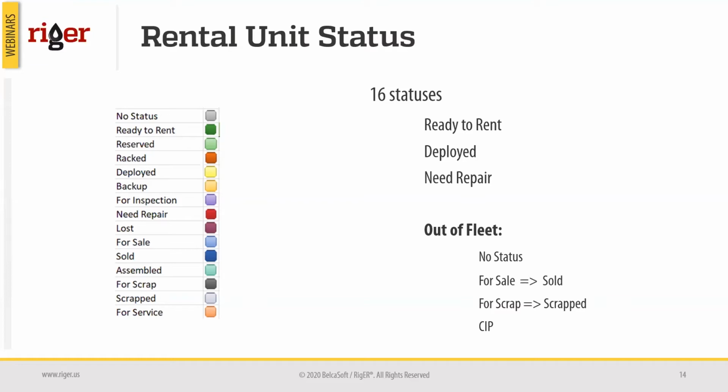When we talk about out of fleet, it means we already have several statuses: no status, sold, and scrapped. But we discussed with our clients, and they decided to have temporary statuses for sale, for scrap, and CIP. Those statuses help us identify the rental units, but keep them in a temporary category.